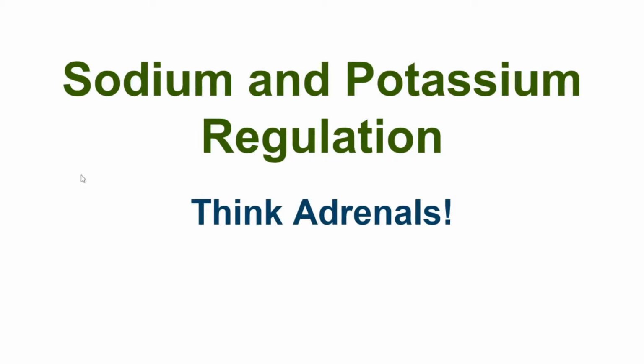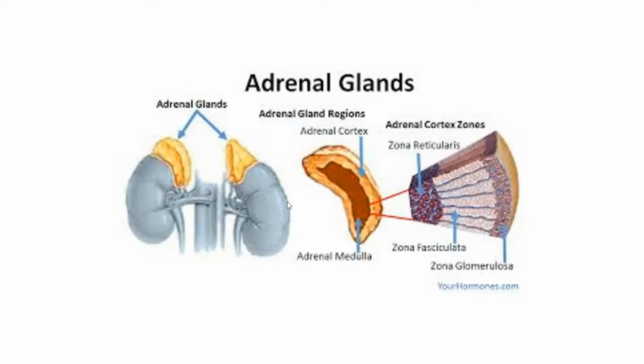Okay, let's talk now about sodium regulation. And with sodium regulation, you want to think about the adrenals. So both sodium and potassium are under the influence of the adrenal cortex hormones, especially the mineralocorticoid hormone aldosterone, which is synthesized in this particular part of the adrenal cortex called the zona glomerulosa.